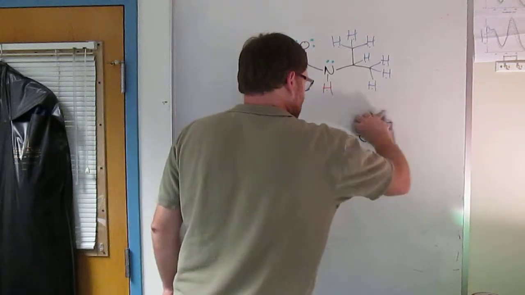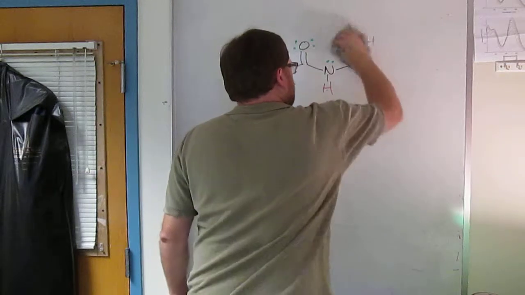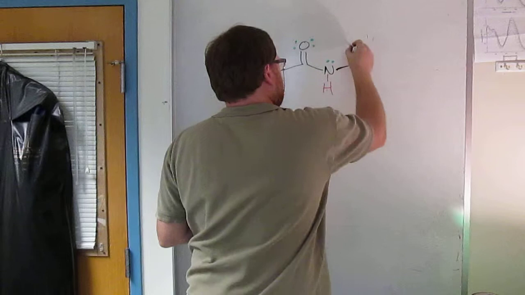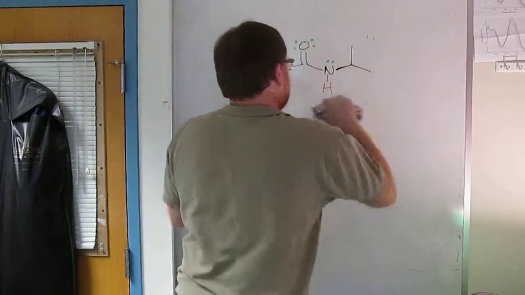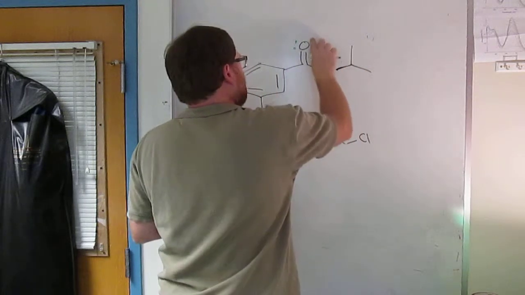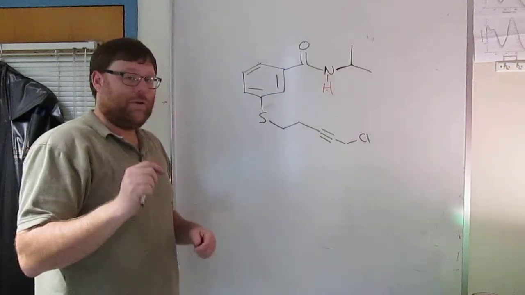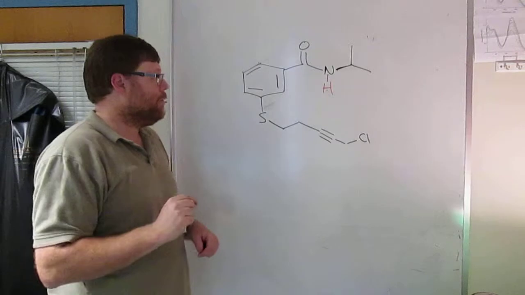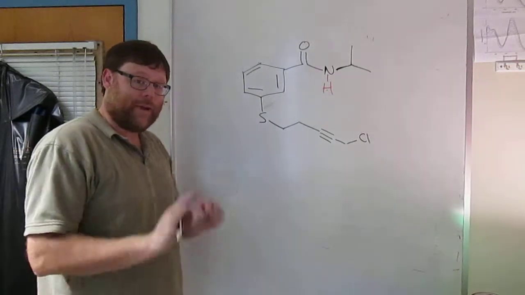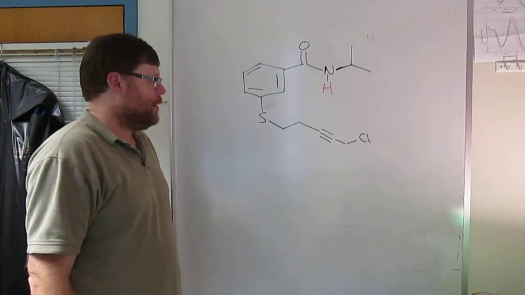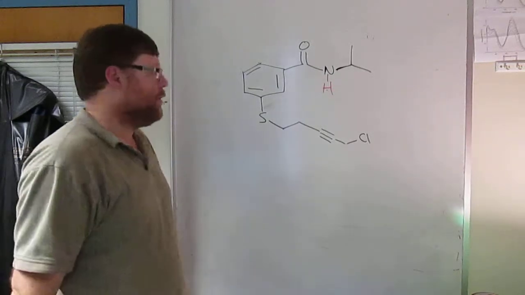I'm going to take off the lone pairs. Okay, so now I want you to put a star, an asterisk, by any sp2 carbon. Okay, so hit pause. You got your molecule. You might want to redraw it. It's getting cluttered. Put a star next to any sp2 carbon.